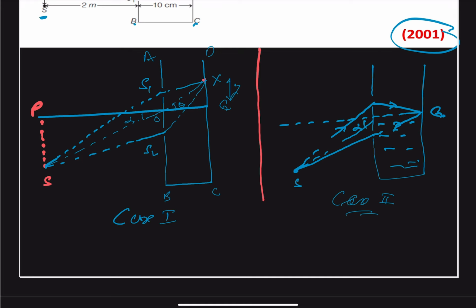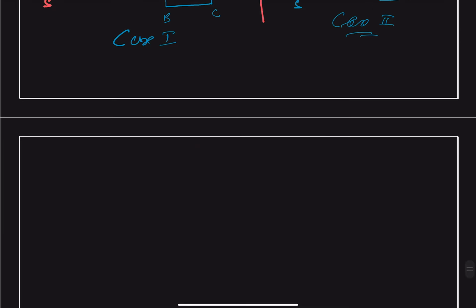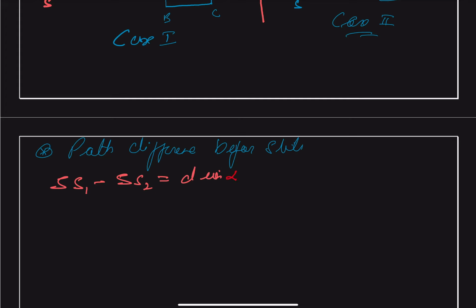Mainly everything we can solve by using the path difference. So let us solve by path difference before the slits and path difference after the slits. You can say path difference before slits, and we can write this as our SS1 minus SS2, that will be equal to d sine of alpha.